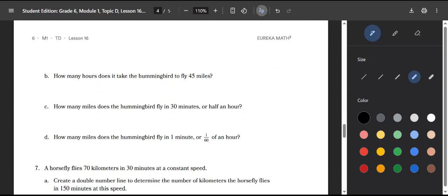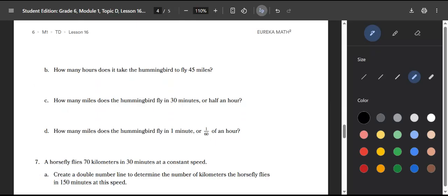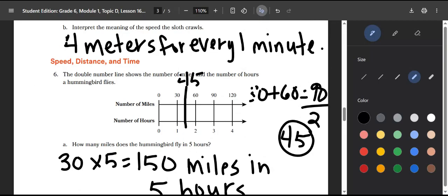And let me go check to make sure. It says, how many hours does it take the hummingbird to fly 45 miles for B? So right in the middle of 1 and 2 is where that line lines up with. And of course, right in the middle of 1 and 2 is 1.5. So that would be 1.5 hours.